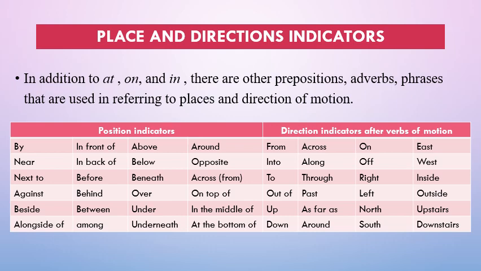Here we have the list in this table. The left side indicates the position and the right side indicates the direction. These words are very useful in being creative or in using sentences in different styles. We'll give more sentences in our lecture from this list to see whether we can insert them in different styles.